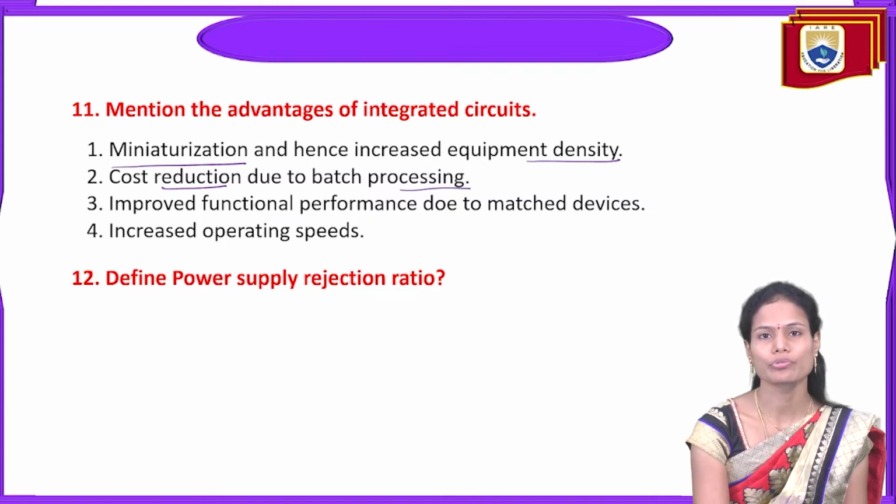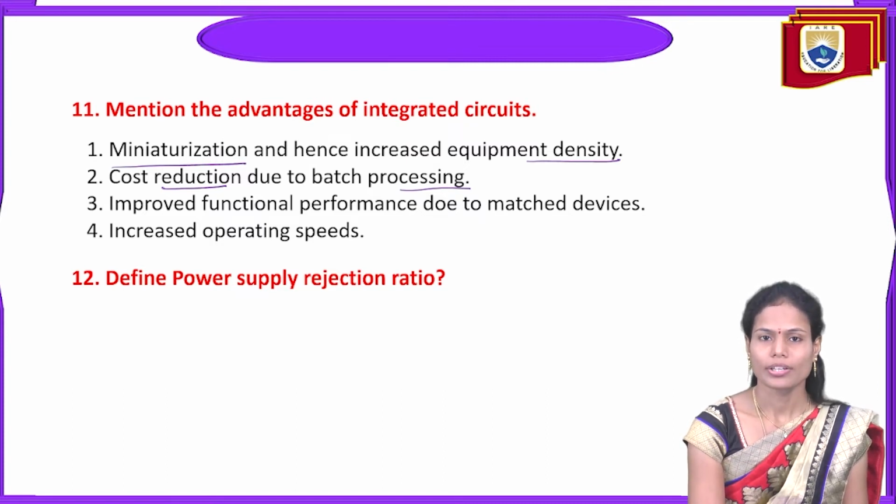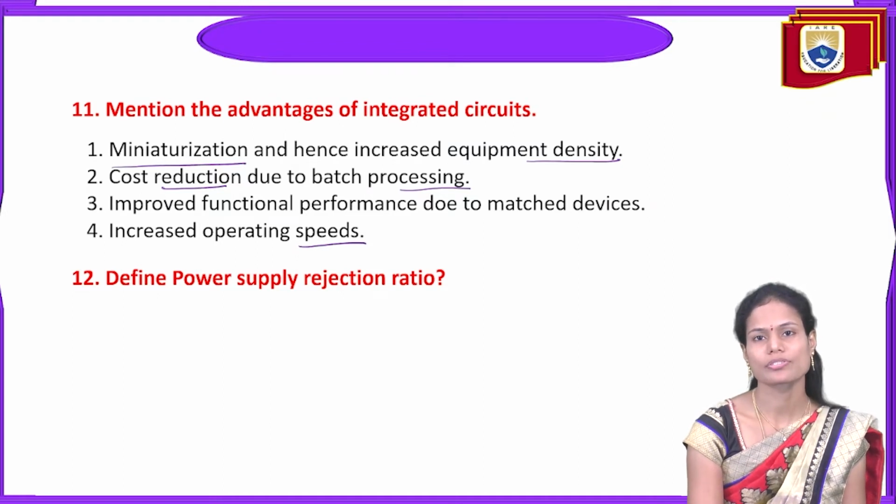Because of that, the cost is reduced, and the functional performance of a device will be improved if we design with ICs, and the speed of the device will also increase if we design with ICs. So that is, cost and size are reducing, and the speed and the performance are increasing.